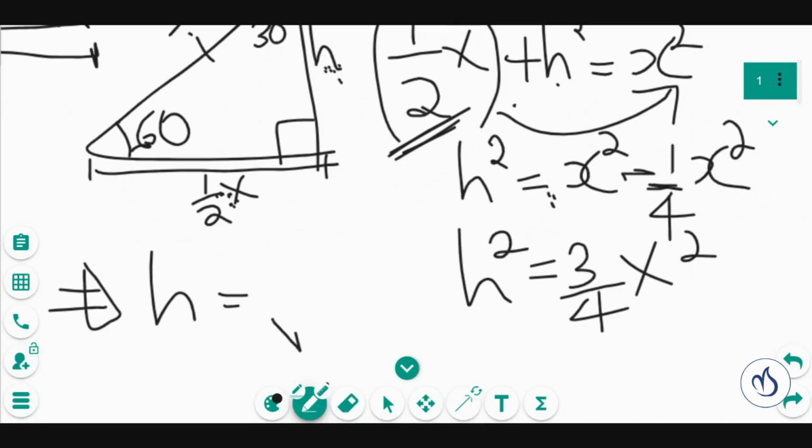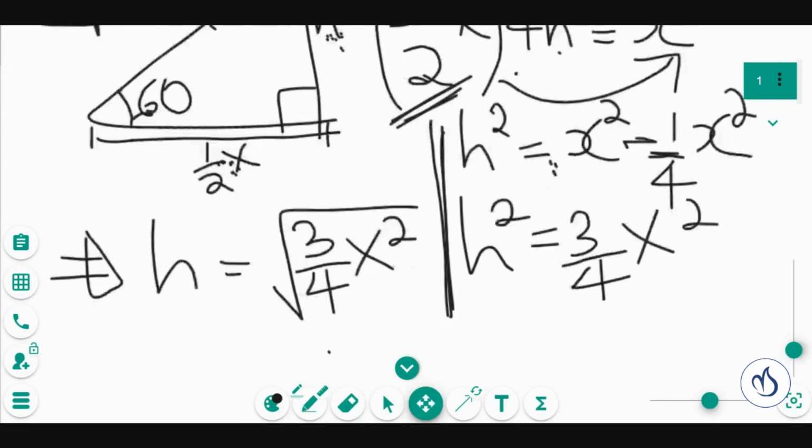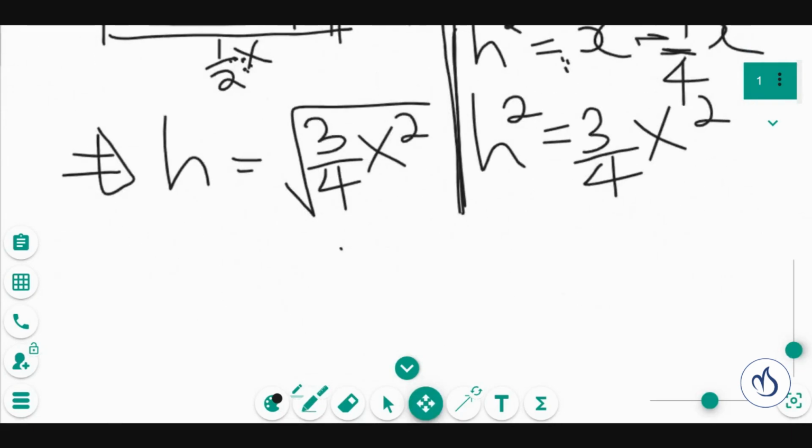So my h is the square root of 3/4 x squared. Hope we are following. H is the square root of that. If I make the root to apply, I will have h.